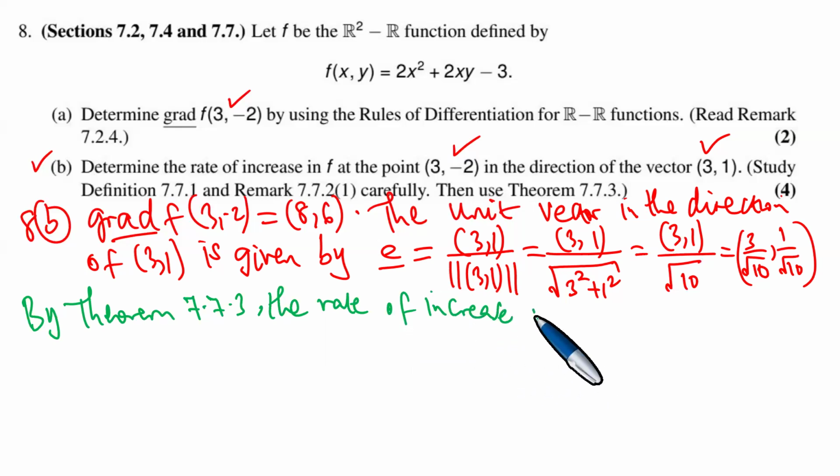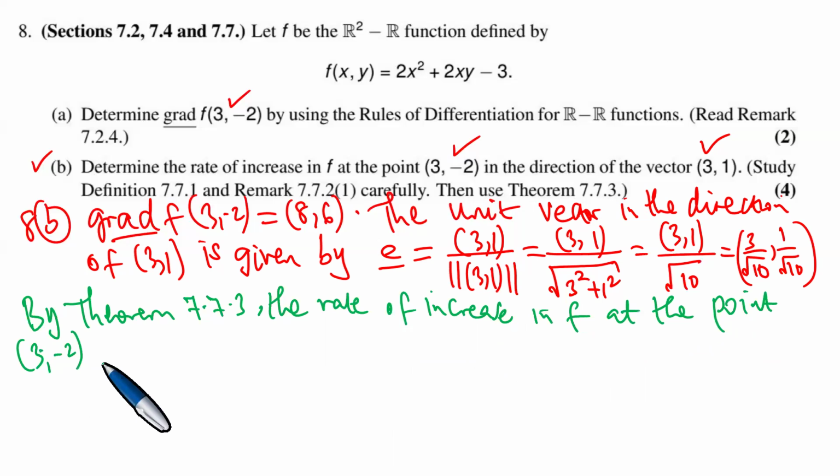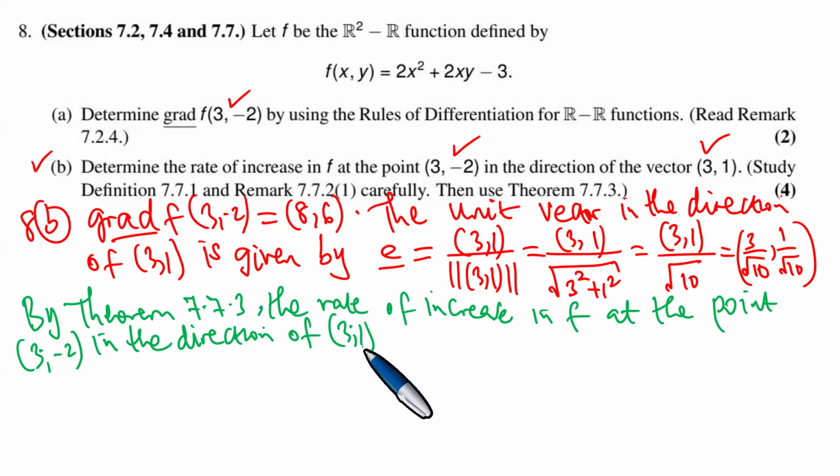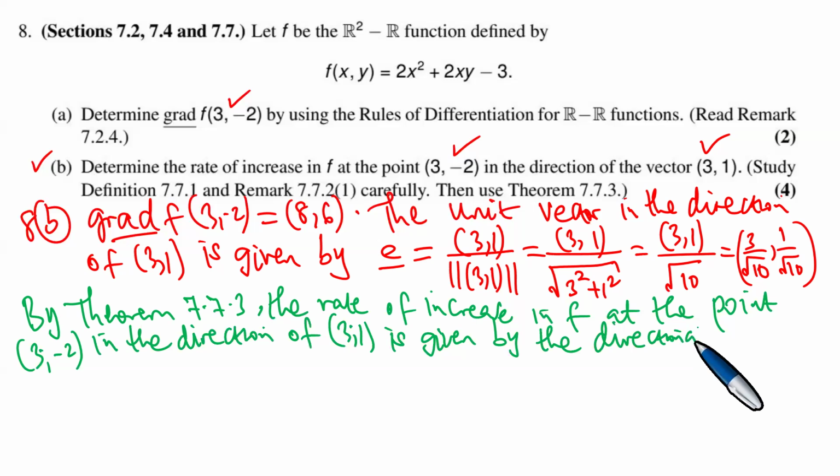The rate of increase in f at the point 3 and minus 2 in the direction of 3, 1 is given by the directional derivative.